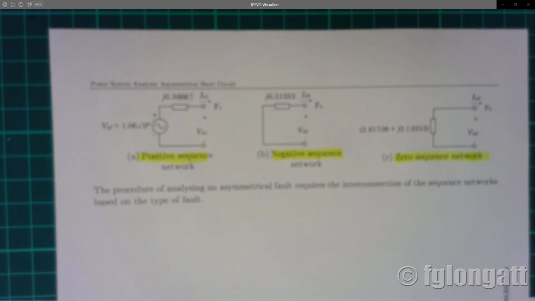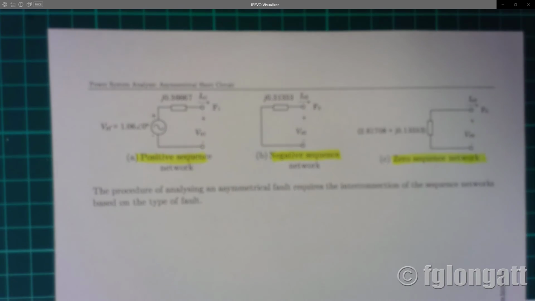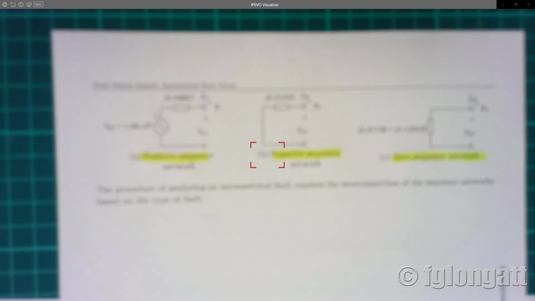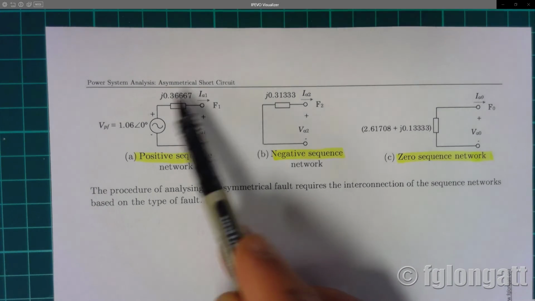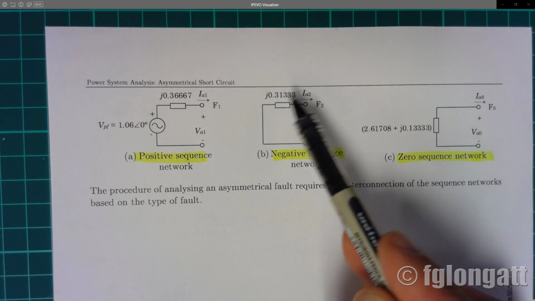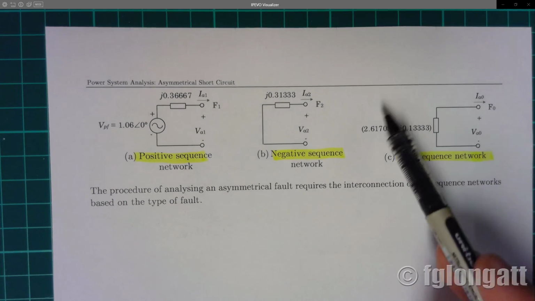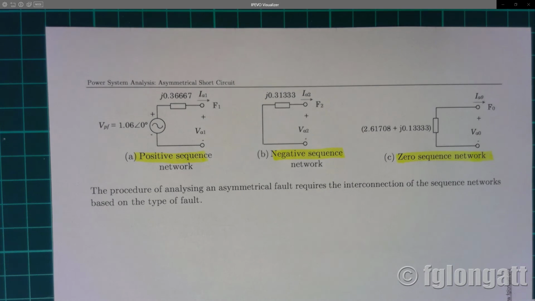In this case, we have everything that we need at this moment to run the calculation for asymmetrical faults because we have the equivalent model for the positive sequence, negative sequence, and zero sequence. Now we are ready to start the calculations, to perform the calculation for the three different questions that we got in this problem.